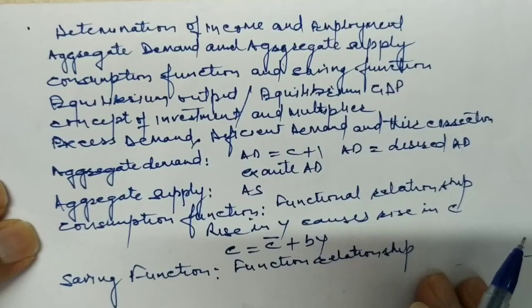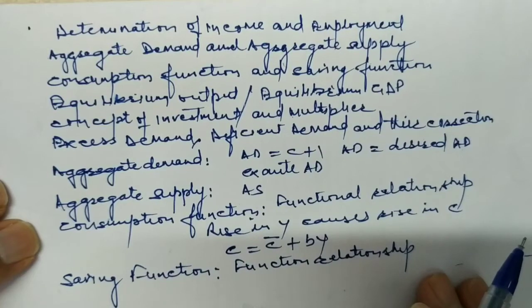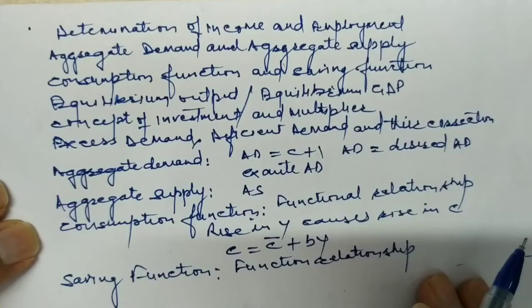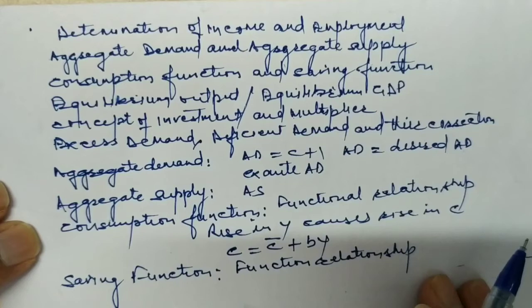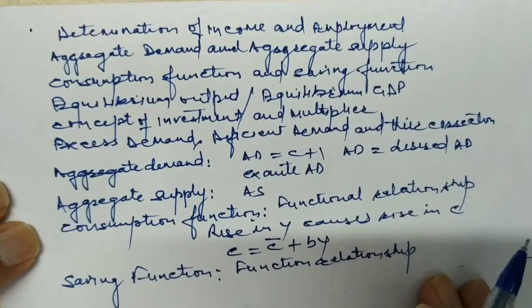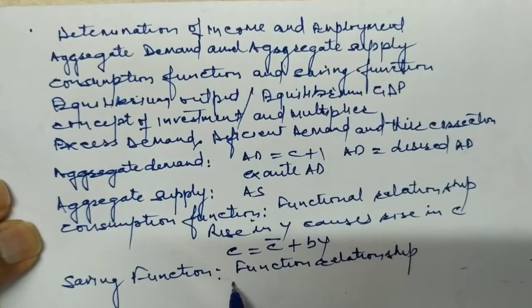When Y is equal to 0, because Y is equal to C plus S, and if C is equal to 5, when Y is equal to 0, S must be equal to minus 5, which is equal to minus C bar.